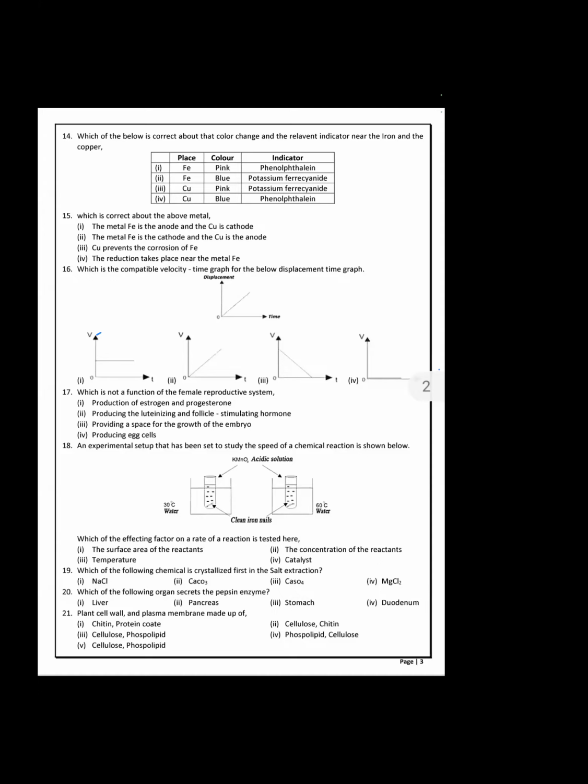The rate of the reaction depends on several factors. First, temperature. Second, how the reactants can occur.